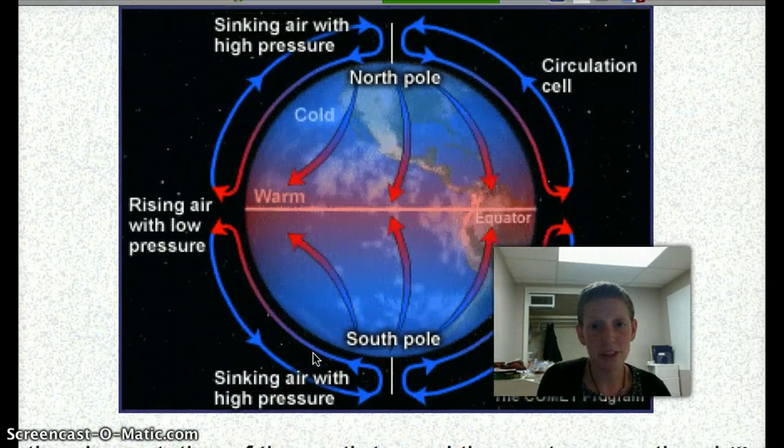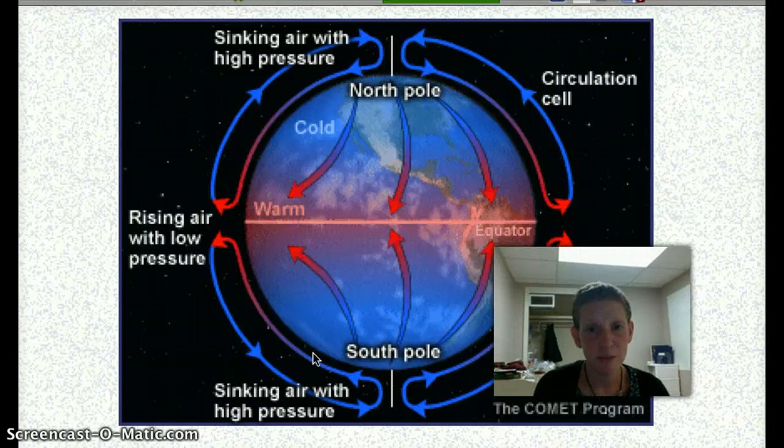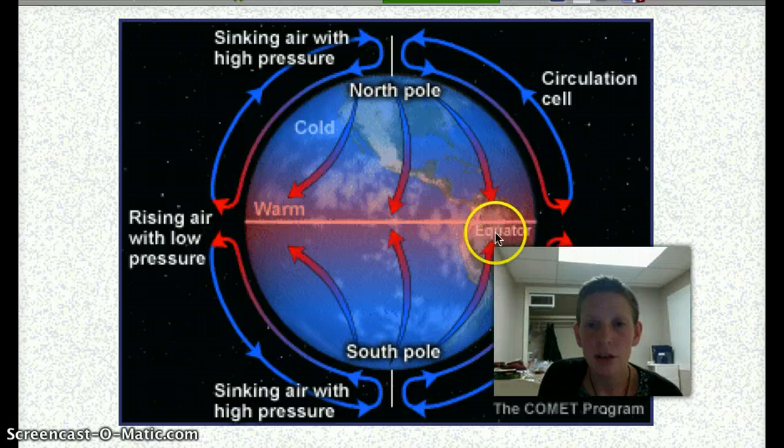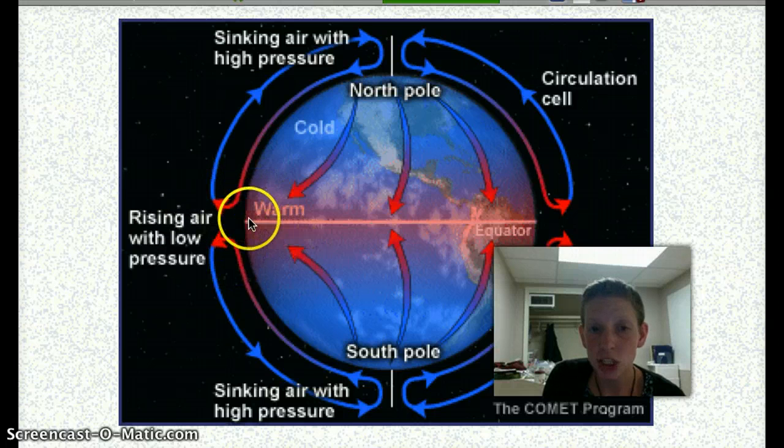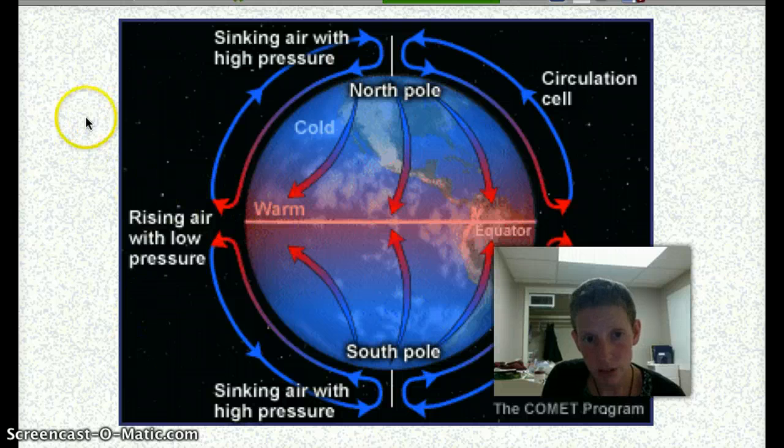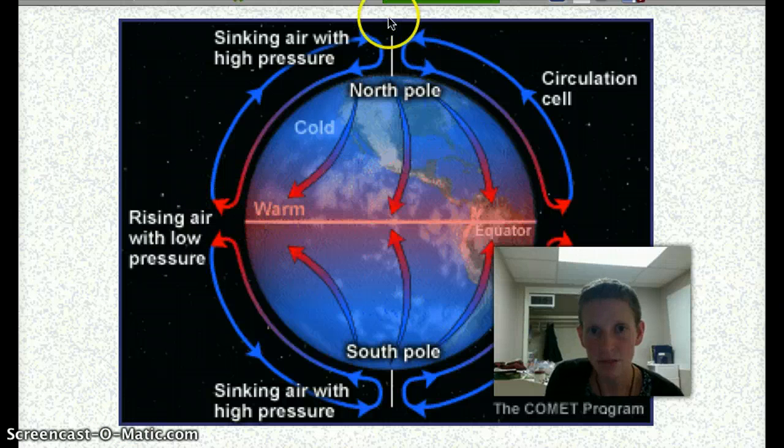So then let's think about that in relation to the Earth. So we know because of the shape of the Earth, the equators receive a lot more heat and direct radiation than the poles. Just because if the sun is here, this is closer to the sun than this.